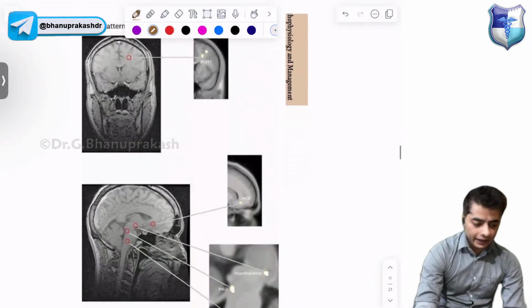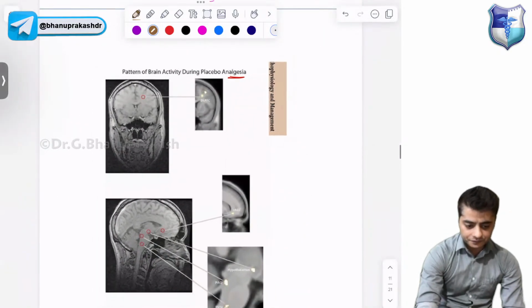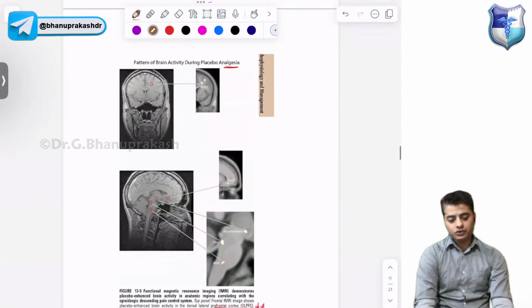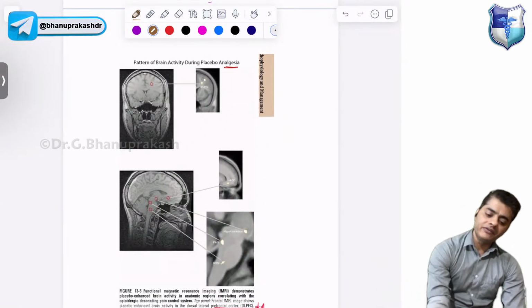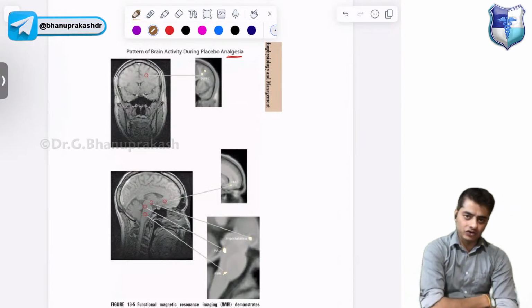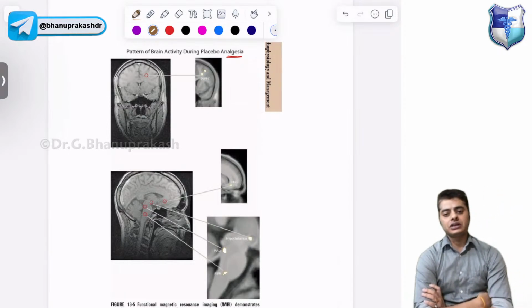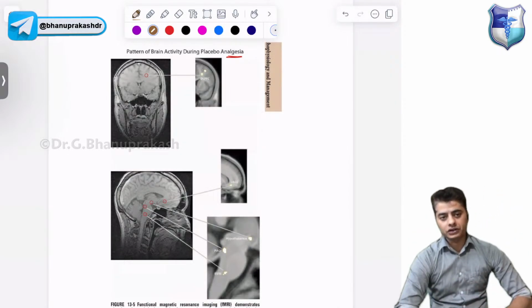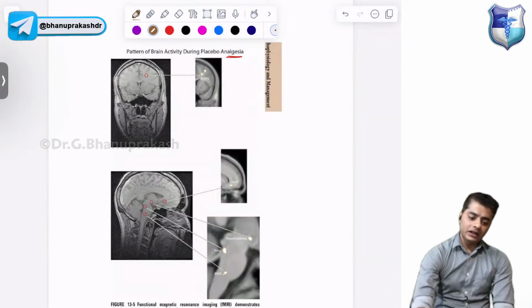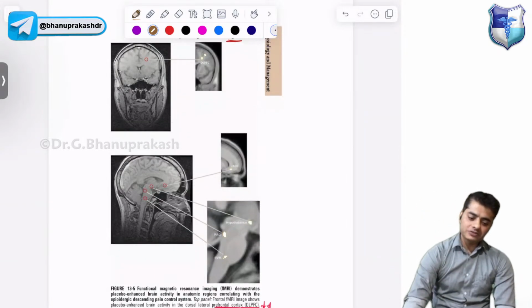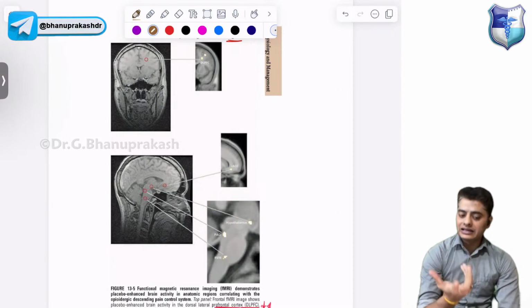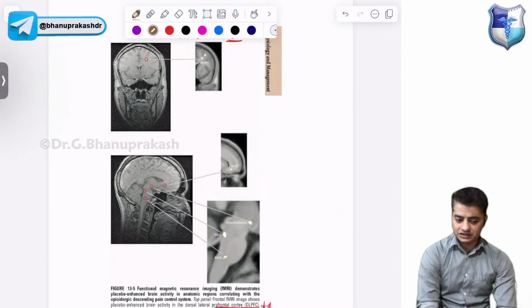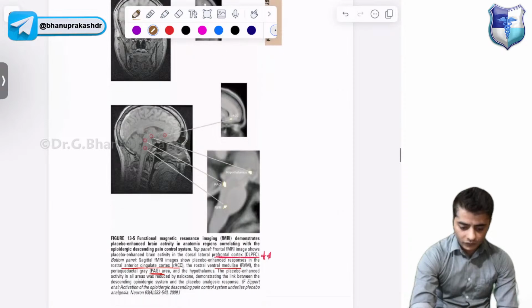So in Harrison, this figure is given, and what they are trying to show is the patterns of brain activity during placebo analgesia. An RCT trial was done, and they collected patients, suppose around 200,000 patients. And what they found when they did MRI of these patients was that some areas of the brain had increased activity when there was a placebo effect of analgesia. And what were these areas?